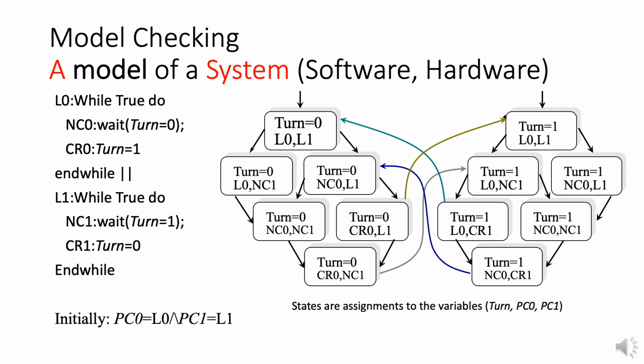We need to model the system, and we see on the right a state graph that consists of all the states that are reachable from the initial states of that system, where both processes are at the head of their loops. There are two initial states because turn could be either 0 or 1 initially. And the graph represents how we move from one state to another by executing some atomic transition.